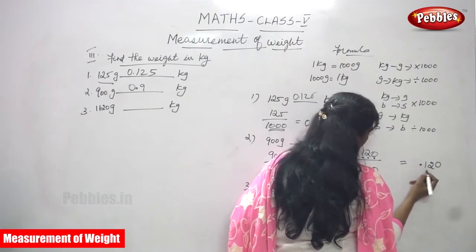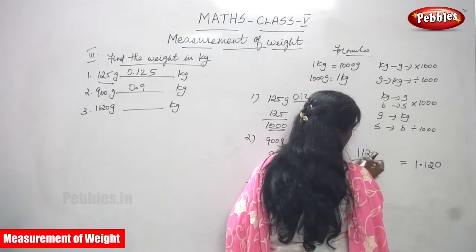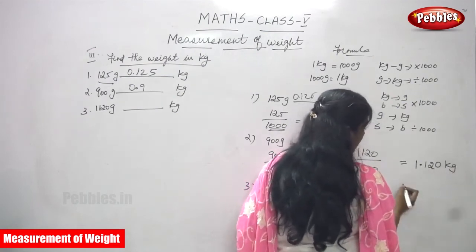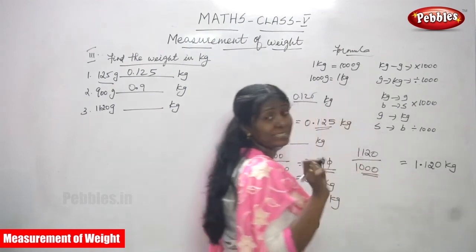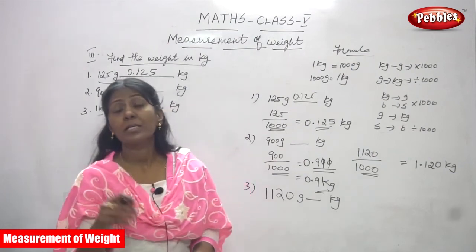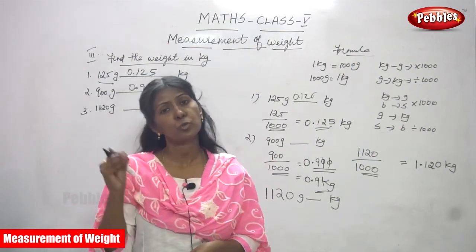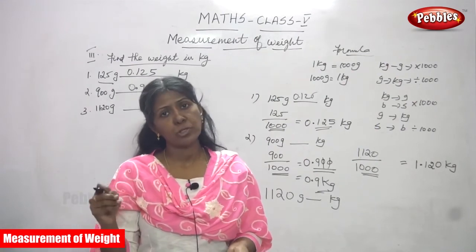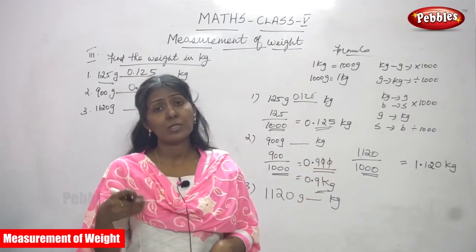Then after that you must put a point here, then you have to write 1. Then write kilogram. That means 1 kilogram and 0.120. Actually it is 1 kilogram, 0.120 gram. But while you say it, 1.120 kilogram. See, after the point, a 0 is not necessary.